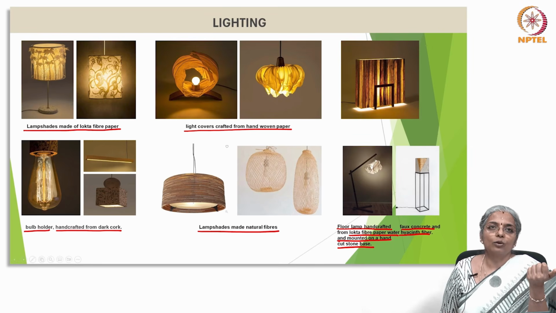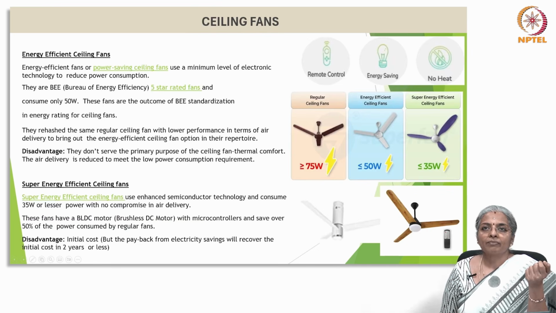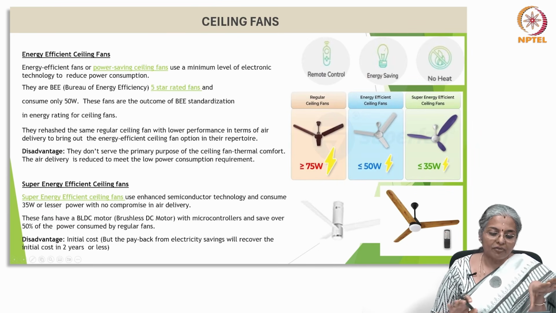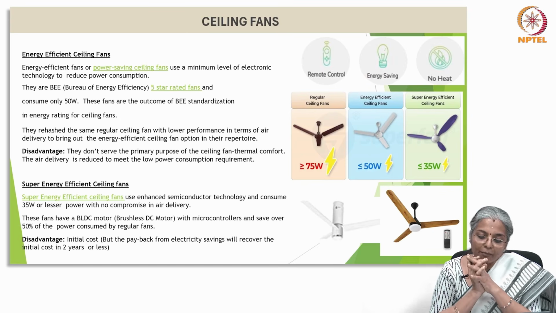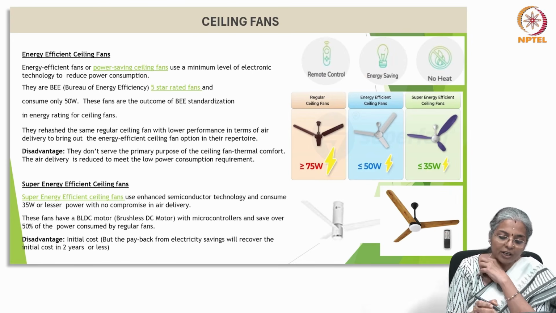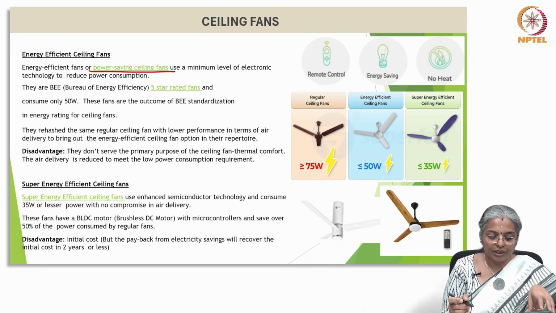Now, next look at one of the cooling contraption, which is a ceiling fan. Now, if you look at ceiling fans, we can have energy efficient ceiling fans. Energy efficient fans or power saving ceiling fans, they use a minimum level of electronic technology to reduce power consumption.